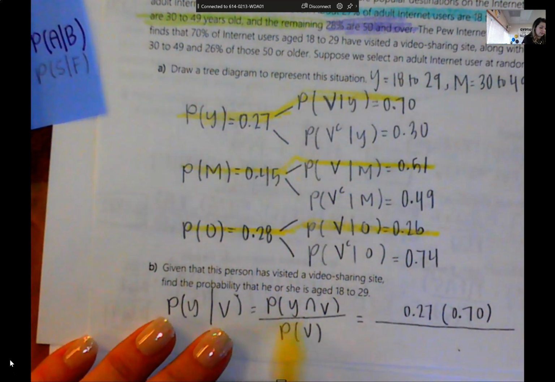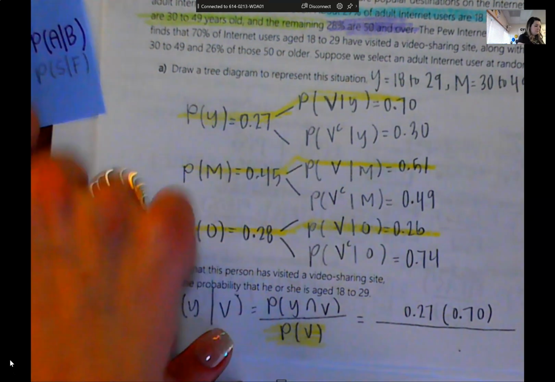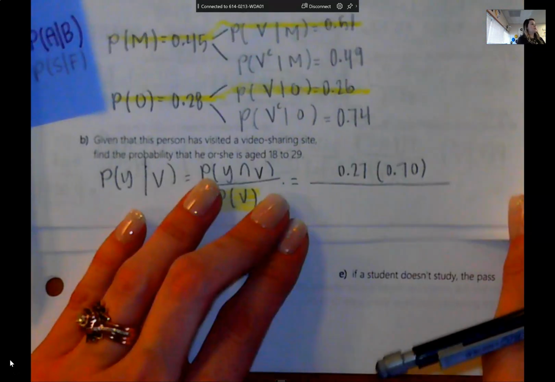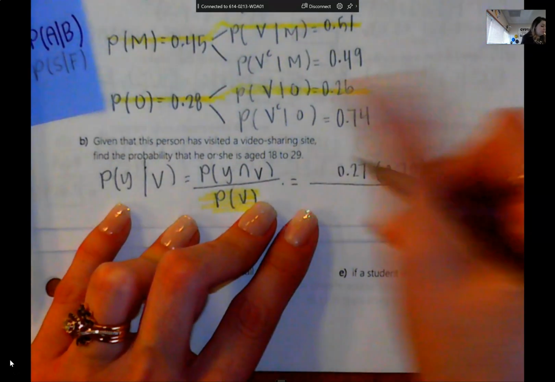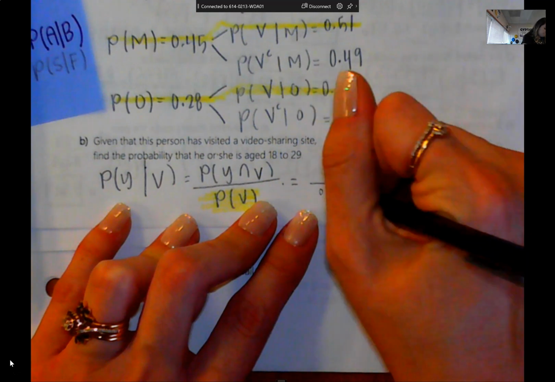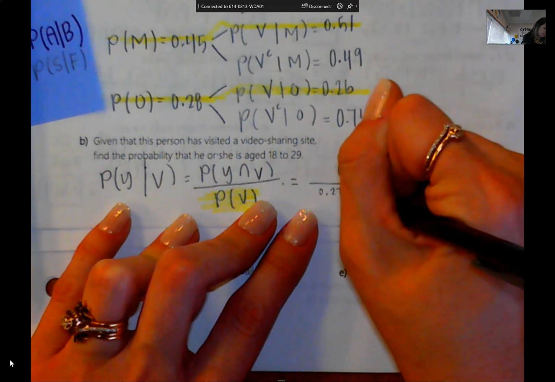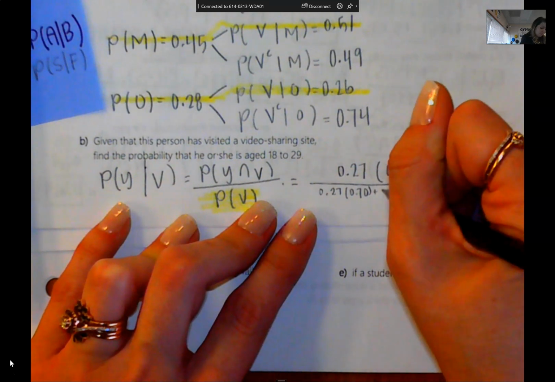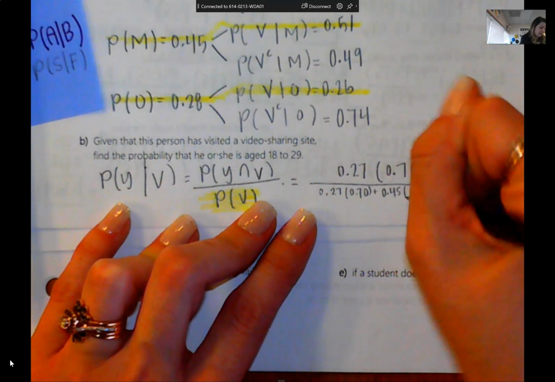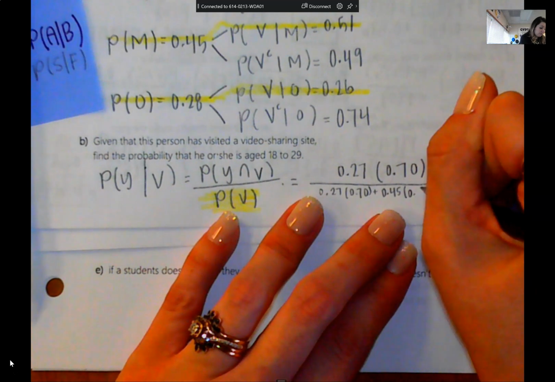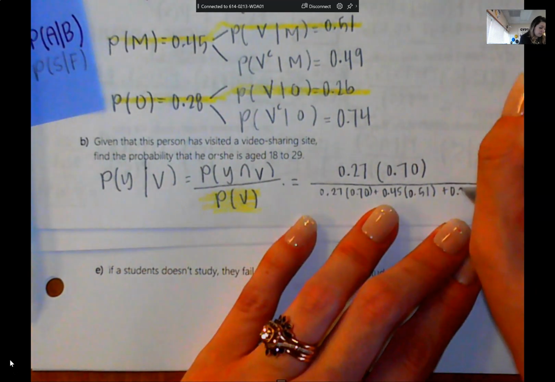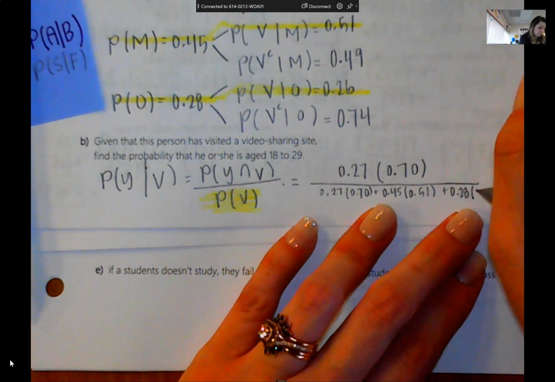So here, how I'm going to get P of V is I'm going to multiply, and I'm going to write out the numbers and the symbols too. 0.27 times 0.07 plus 0.45 times 0.51 plus 0.28 times 26.